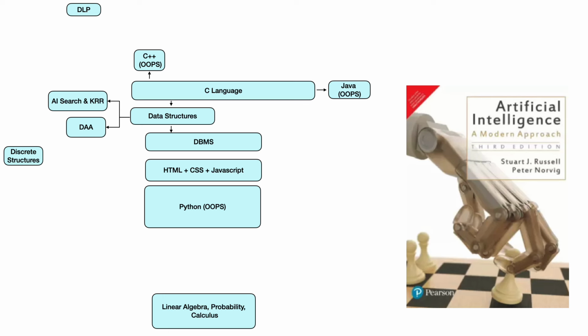So AI search usually starts with the agent and environment, and slowly it discusses why we need search algorithms to solve AI problems. As part of that, we study uninformed search techniques like breadth first search, depth first search, uniform cost search, depth limited search, and other algorithms like iterative deepening search and bidirectional search.